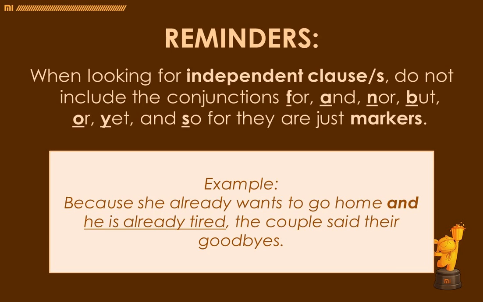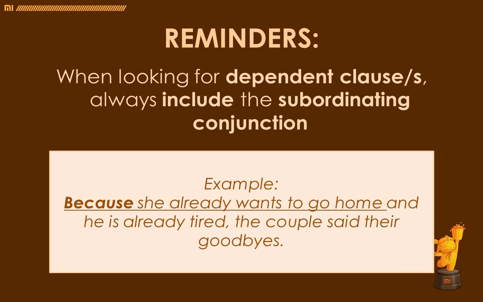When locating independent clauses, you do not include the conjunctions for, and, nor, but, or, yet, and so, for they are just markers for this clause. However, when you are looking for dependent clauses, you always include the subordinating conjunction. Otherwise, you only find an independent clause.